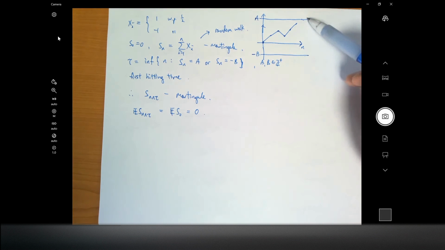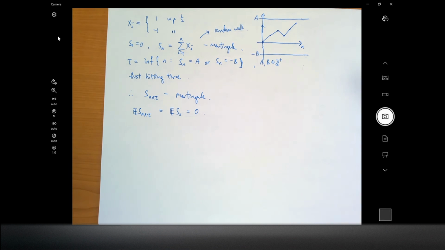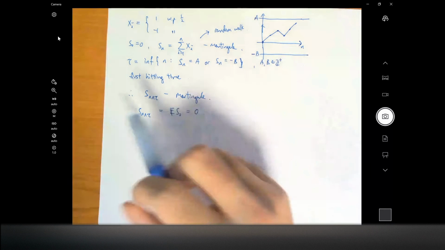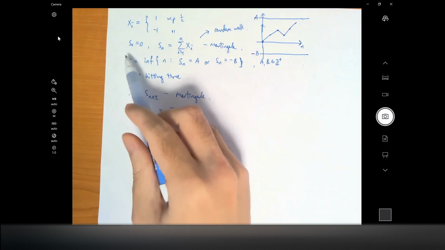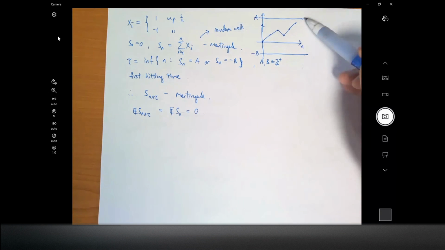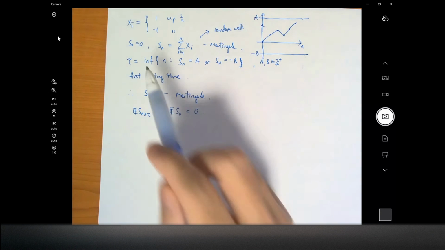You can either hit A or minus B, so I want to know the probability that you are going to hit A instead of minus B. Of course, the probability of hitting minus B is just 1 minus the probability of hitting A. That's one thing. And the other thing is I want to compute the expected time it takes before it hits either one of the boundaries. So the expectation of tau.